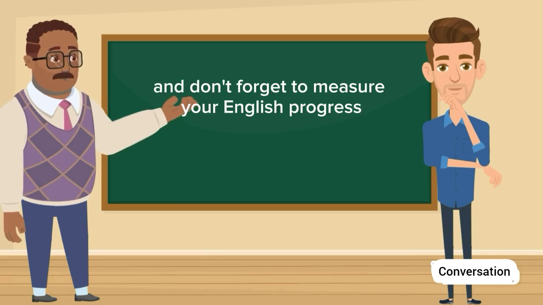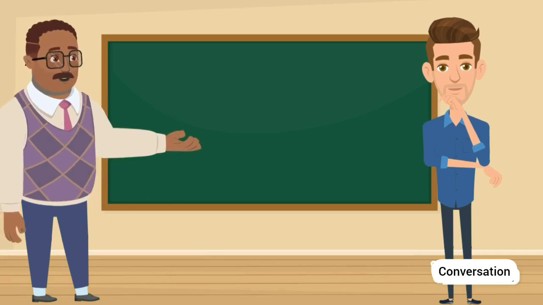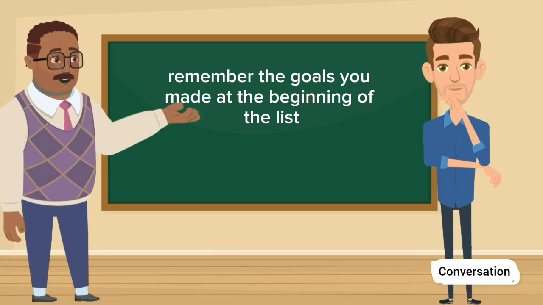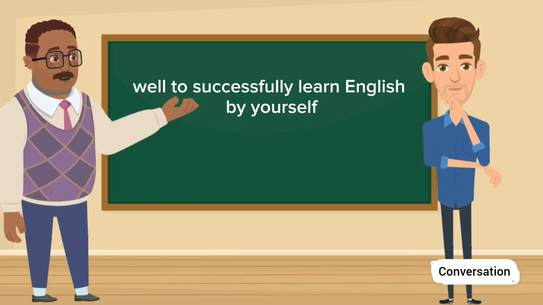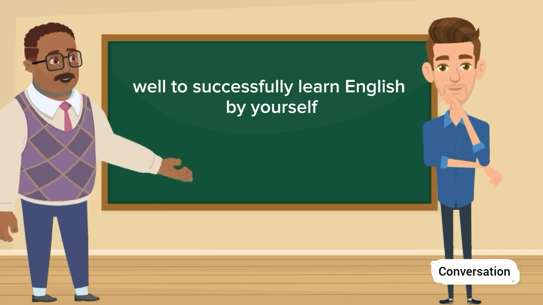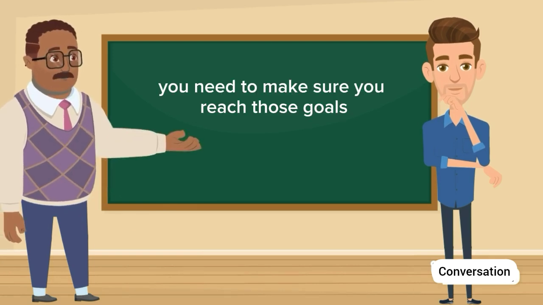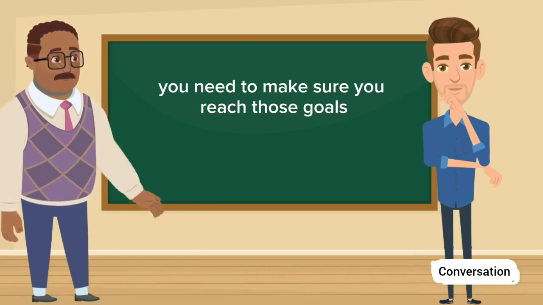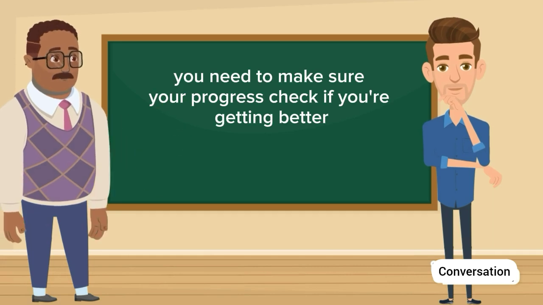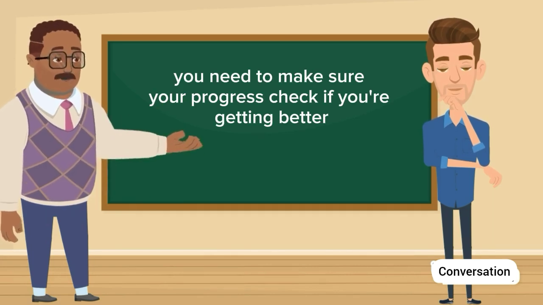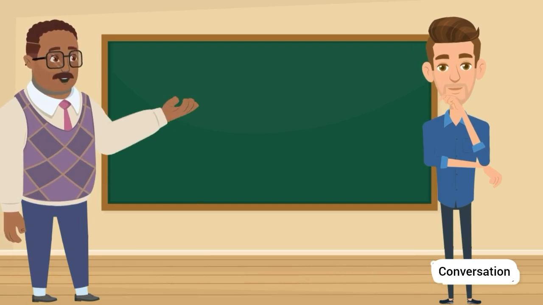And don't forget to measure your English progress. Remember the goals you made at the beginning of the list? Well, to successfully learn English by yourself, you need to make sure you reach those goals. To do that, you need to measure your progress. Check if you're getting better.